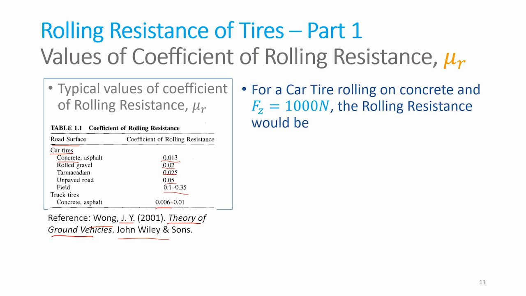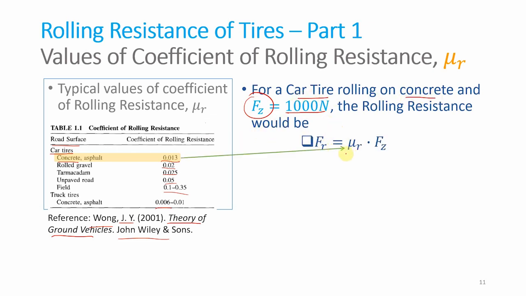For a car tire rolling on concrete and Fz equal to 1000 Newton, that means weight is acting at a magnitude of 1000 Newton, that's why we have Fz as 1000 Newton. Now the rolling resistance in this case would be, mu r is 0.013 because it's concrete and it's a car tire.